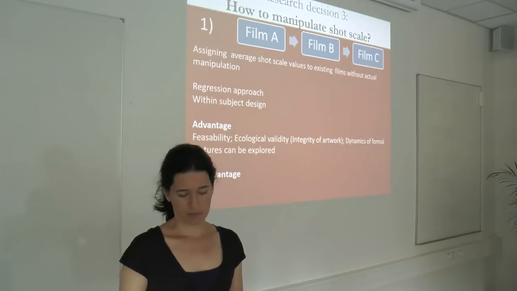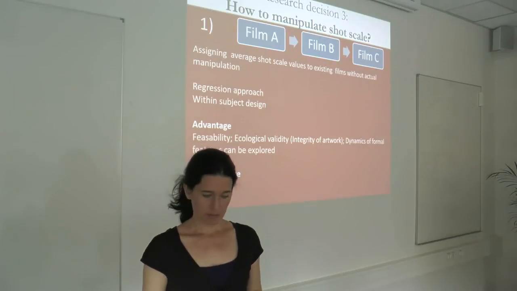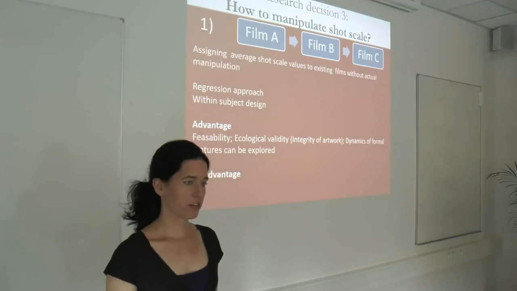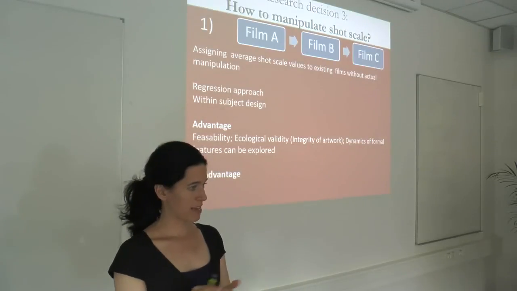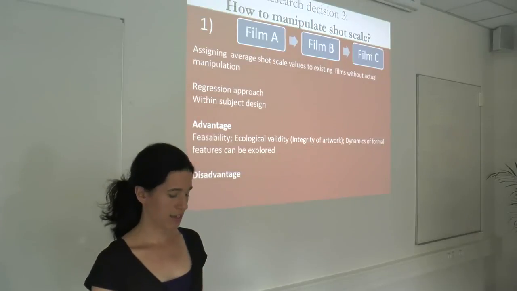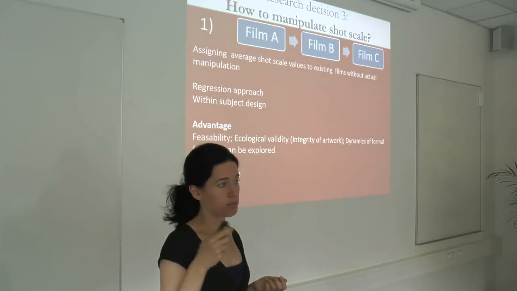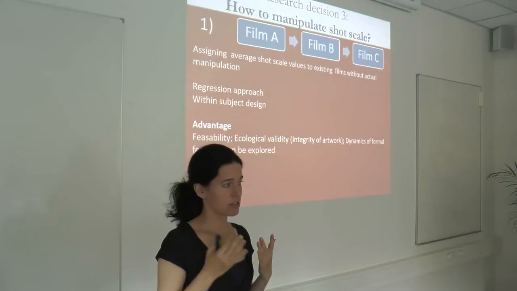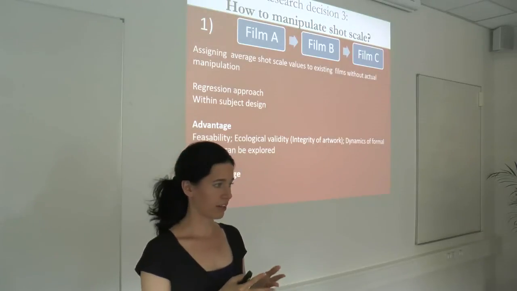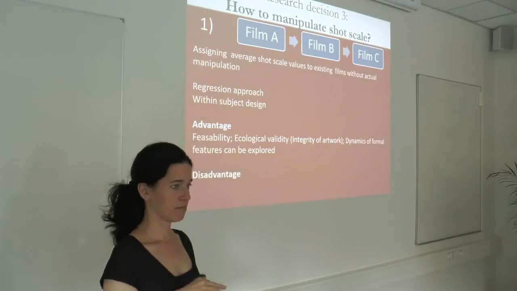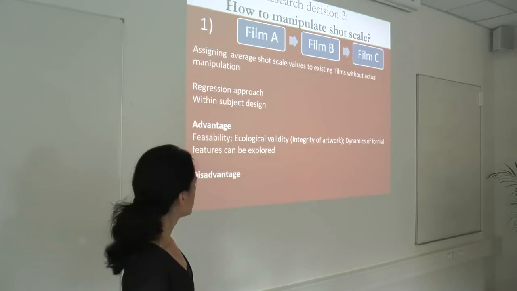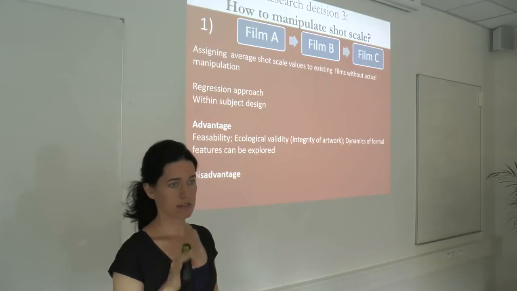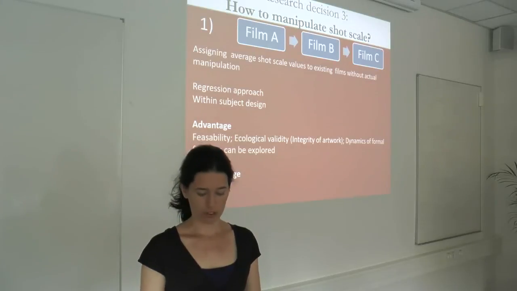One of the other advantages, like you said, is that there are many other features that may affect theory of mind. However, if you measure those other features as well, formal features, lighting, color, and assign values to them, it allows you to explore the dynamics among these formal features.